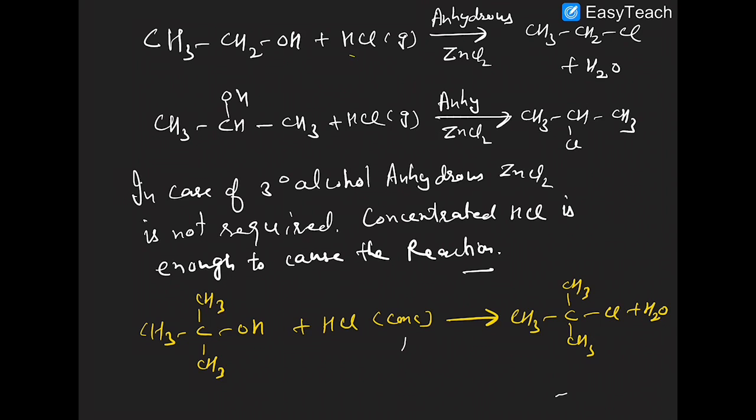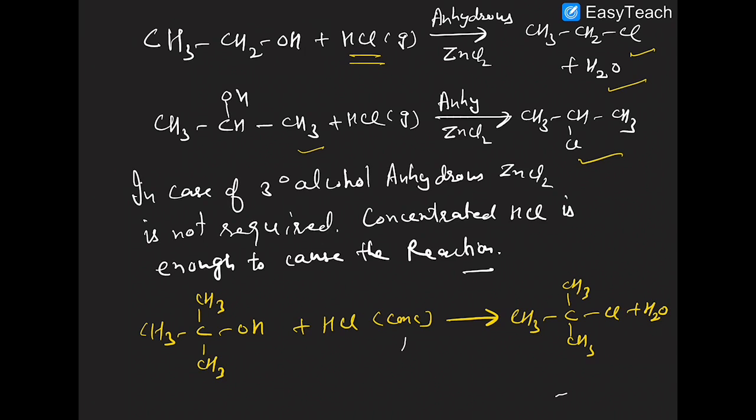Look at that. This is HCl gas. In presence of anhydrous ZnCl2, it gives you chloroethane and water. With 2 propanol, it will give you 2 chloropropane.